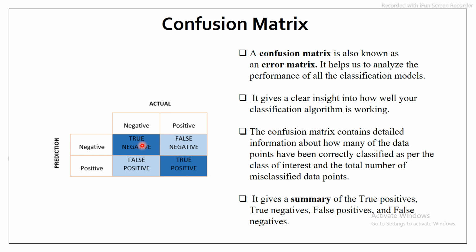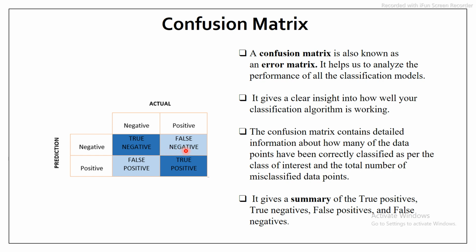The problem lies with the false negative and the false positive. If your model is producing more false positives, that is a problem. Data analysts or business analysts try to minimize either this one or this one, depending on the nature of the problem.